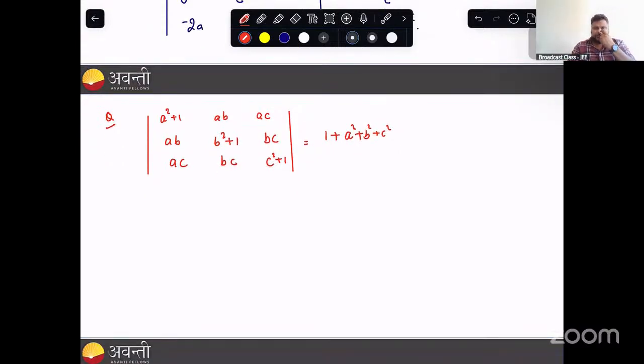Now see. To prove is 1 plus A square plus B square plus C square. All right. But there are A, B, A, C, A, B, B, C, these kind of things. Let's do one thing.